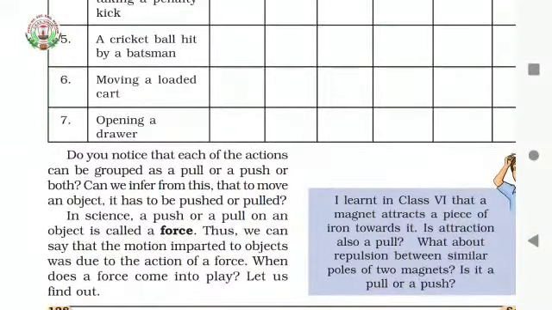Here we can see that each of the actions can be grouped as a pull or a push or both. In science, a push or a pull on an object is called a force. Thus, we can say that the motion imparted to objects was due to the action of a force. That means when you apply a force on the object, it starts to move.